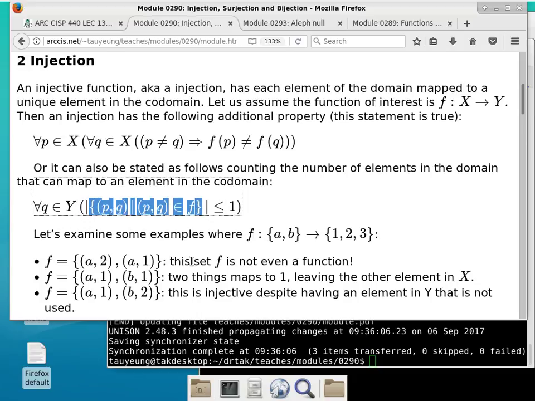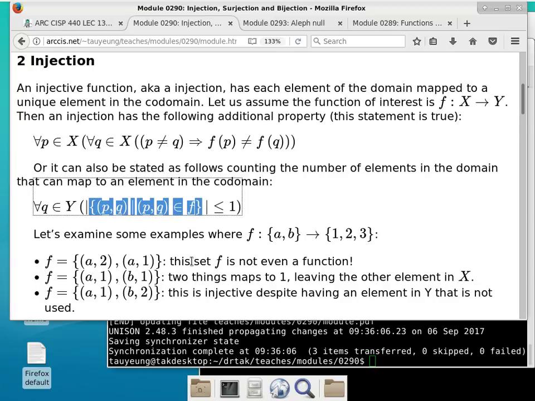Is that making any sense? This part says for each and every element Q in Y, I want the following to be true, right? So Q has to bind to 1, has to bind to 2, has to bind to 3 in sequence, right? Because we have to evaluate every single possible element in the codomain.